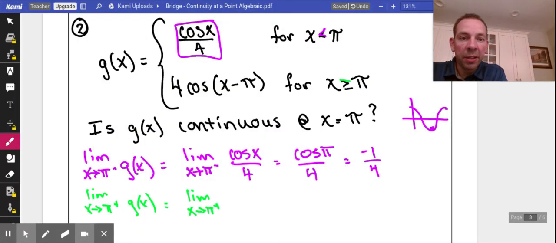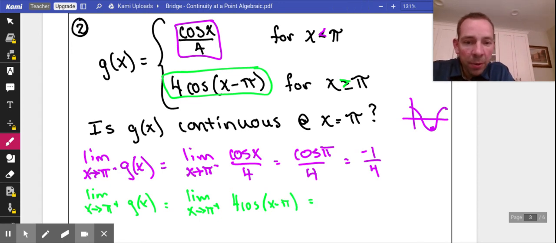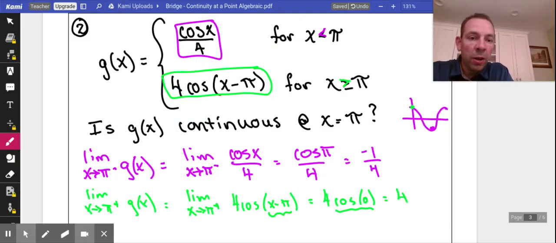And now I'm looking at the greater than sign, and I'm going to use this function. So we've got 4 times the cosine of (x minus pi). And if I substitute a pi, I'm going to do pi minus pi, which makes 0. Cosine of 0 is this point right up here, so that's a 1. And 4 times this 1 makes 4. Oh my gosh, these are not equal.